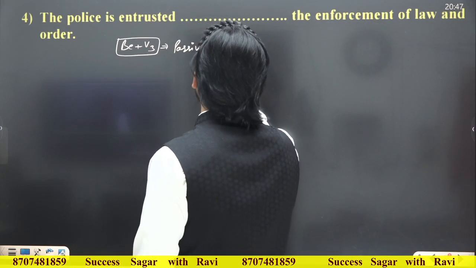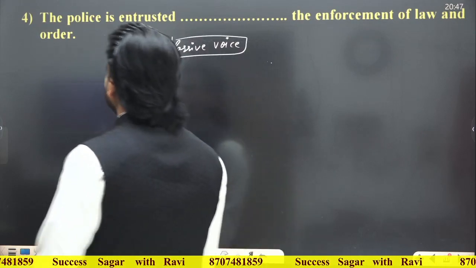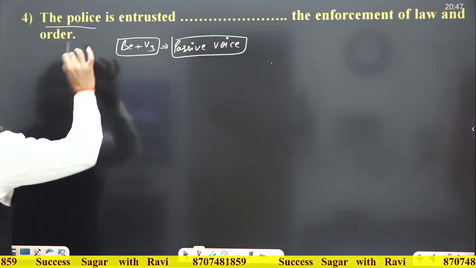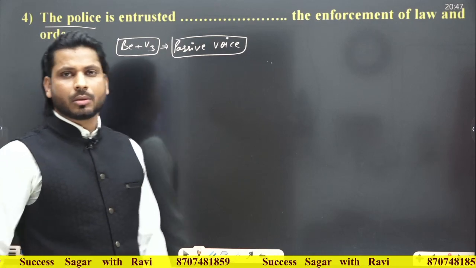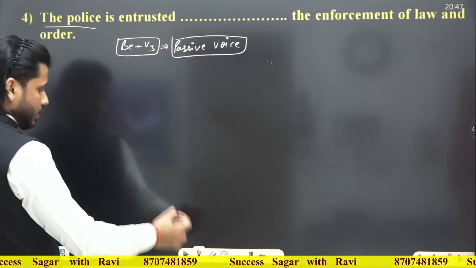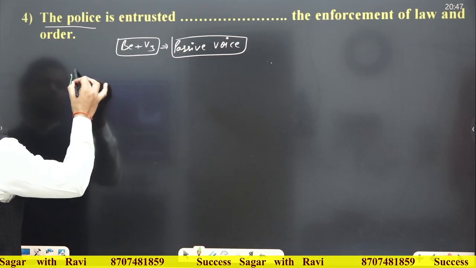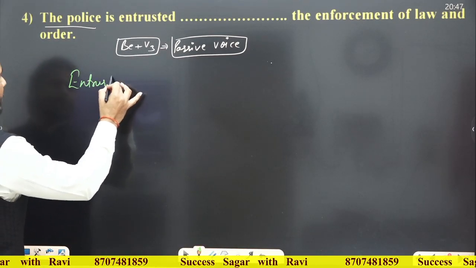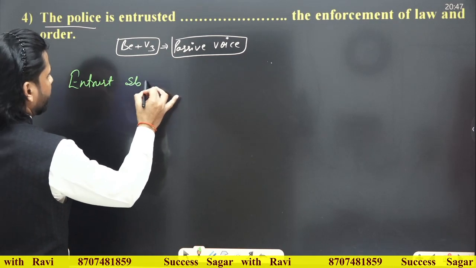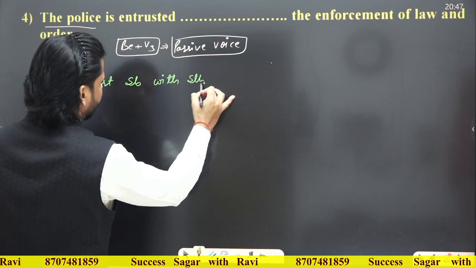Passive voice. This is called passive structure. Passive means what? The subject should not be the doer of the action. The subject should be the receiver of the action. I'll give you a verb, entrust. What does this mean? Entrust somebody with something.